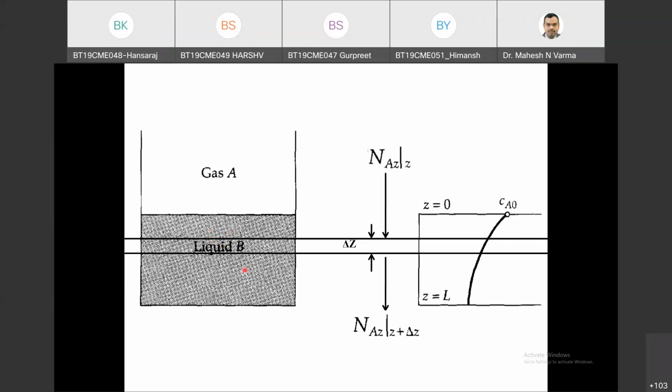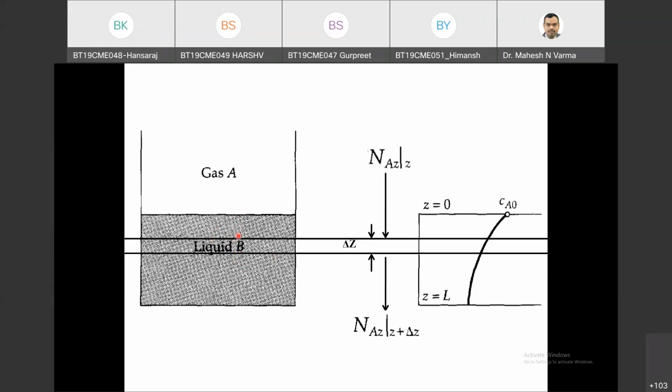So in this also there will be a rate of consumption of A. What will be the flux of A coming into this differential shell? How do we get this flux? We can derive it from Fick's law of diffusion.